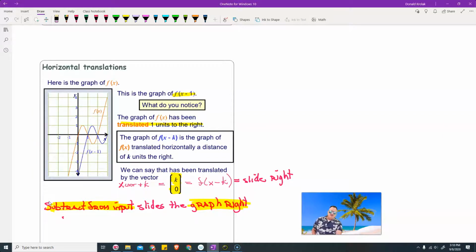If I saw this, what I would do is take every x-coordinate and add 1.